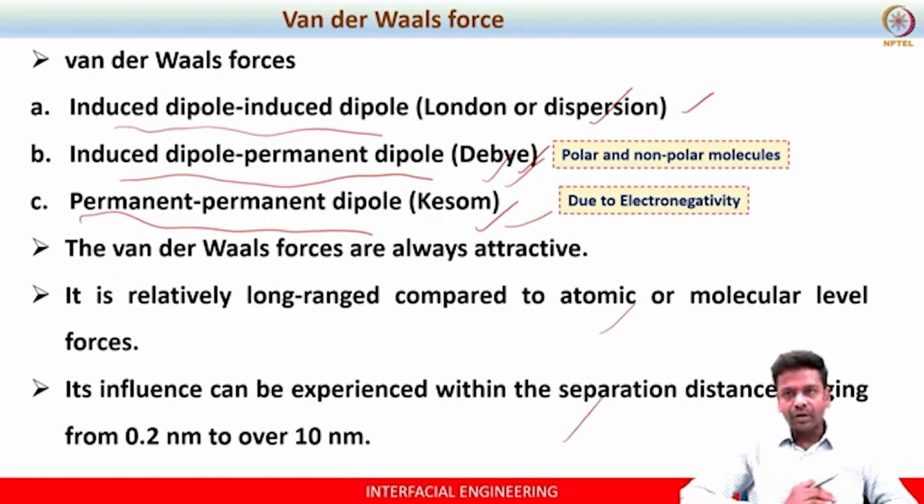And more importantly, the van der Waals force of attraction is active within a separation distance of 0.2 nanometer to 1 nanometer. Which means that if you have molecules kept apart within a distance of 10 nanometer, then we can expect all these three forces to come into picture. Right.